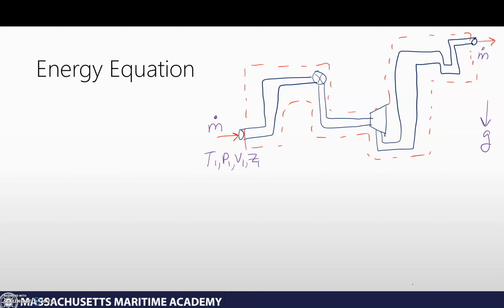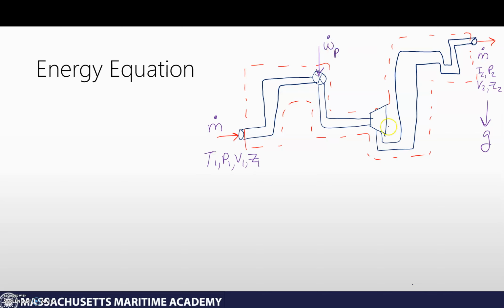What do we have coming out of the system? All the same stuff. So we've got T2, P2, V2, and Z2. So this is all of our energy coming out of the system with the fluid. What other kinds of energies do we have coming in and out of the system? Well, I've got a pump, so I'm putting some work into the pump.